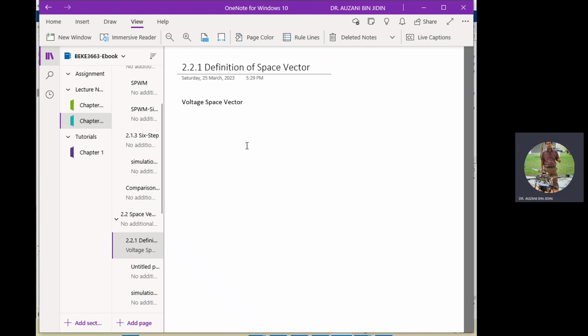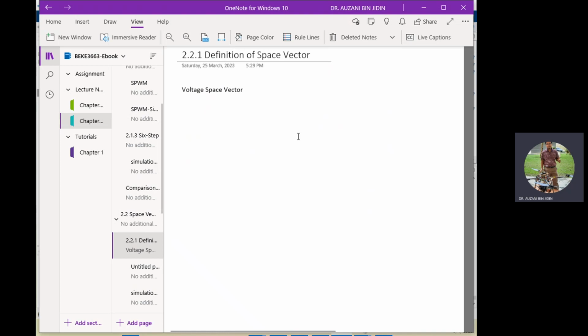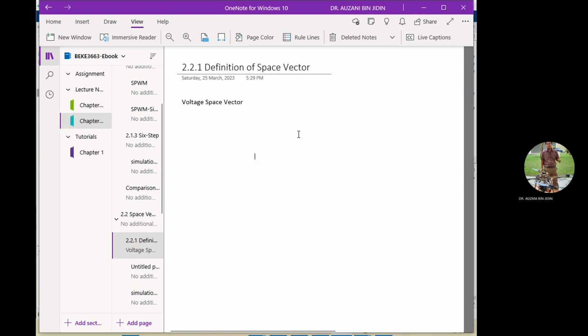In Malay, we call it vector ruang. Okay, so where the space vector, so this is the equation. So this is the standard equation. So V. So for the vector unit, you must put bar. For my class, you don't need to bold.